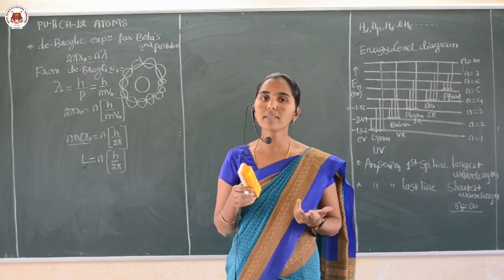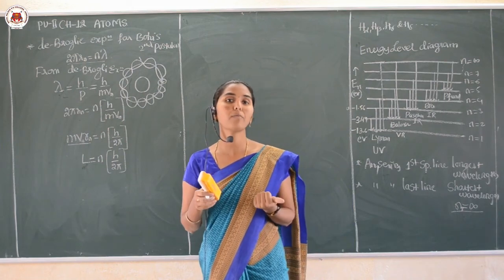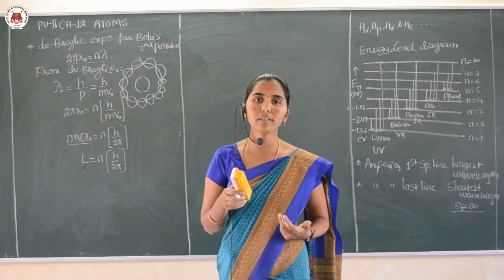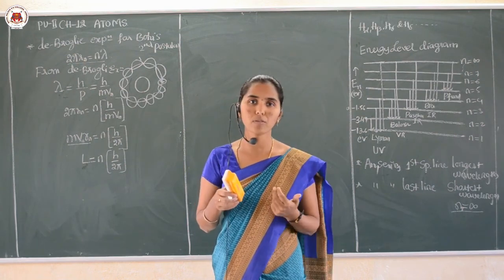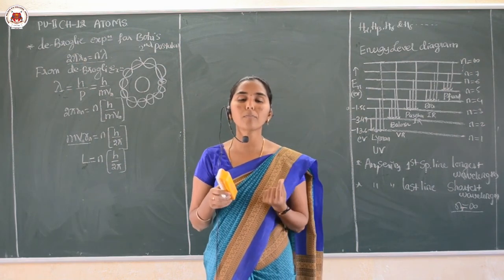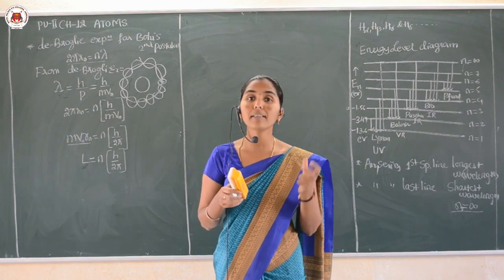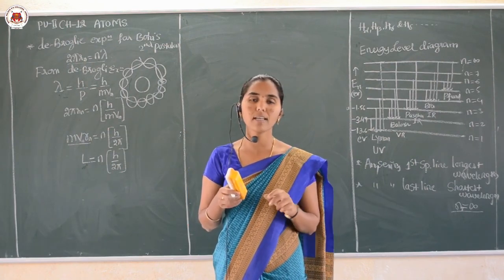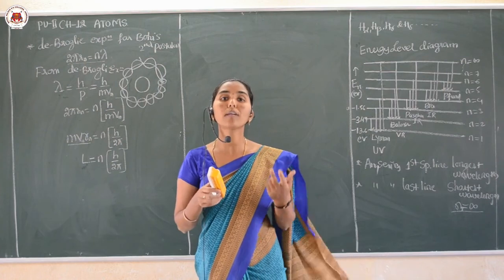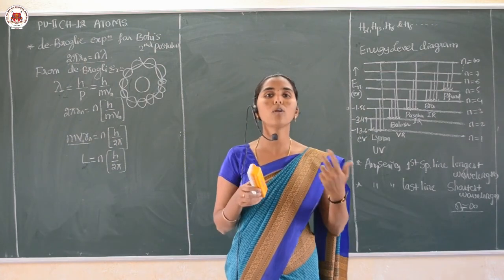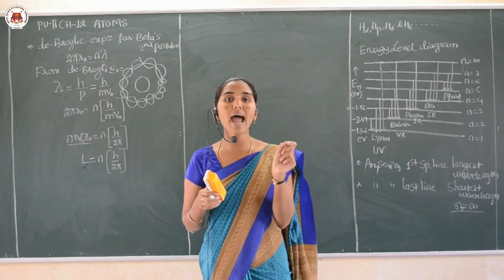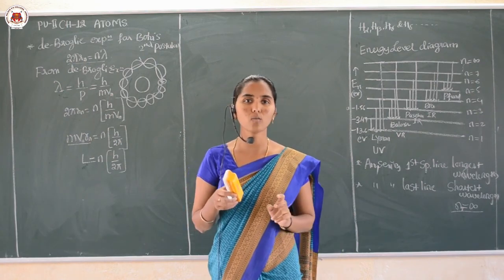What are the limitations? It could not be applied to complex ions or complex compounds. Bohr's atomic model failed to explain the intensity of the spectral lines, failed to give the fine structure of the spectral lines, and could not explain the Zeeman and Stark effects.